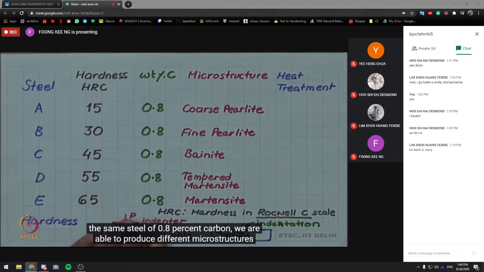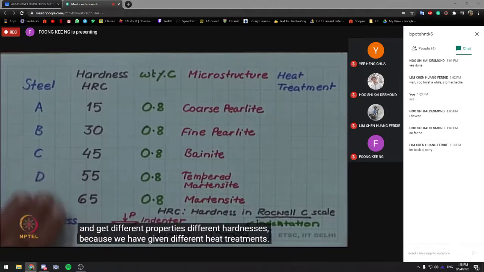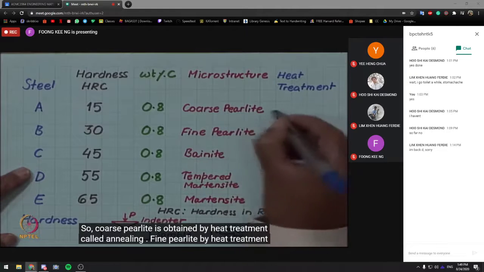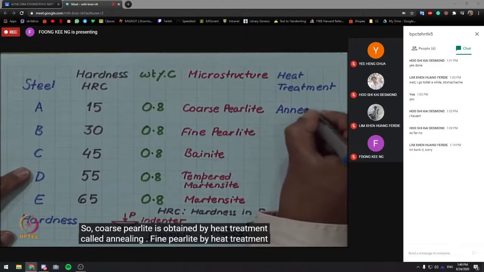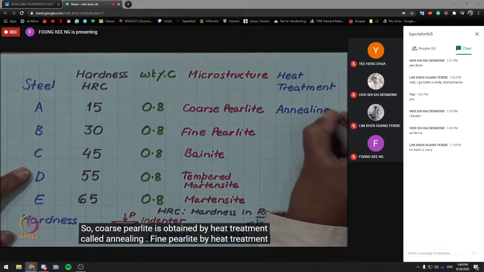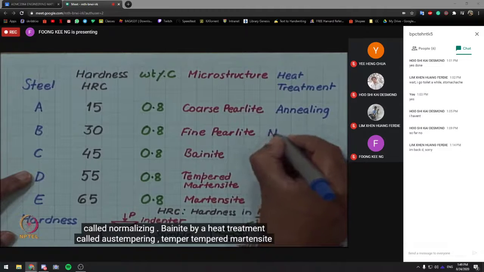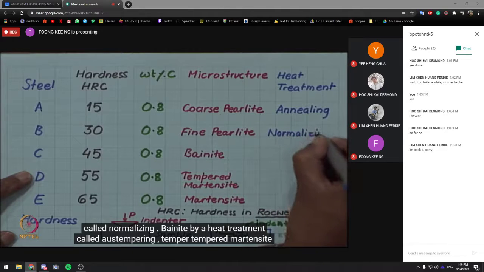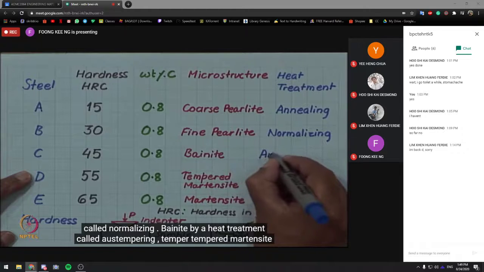So in the same steel of 0.8% carbon, we are able to produce different microstructures and get different properties, different hardnesses, because we have given different heat treatments. So coarse perlite is obtained by a heat treatment called annealing. Fine perlite by a heat treatment called normalizing. Bainite by a heat treatment called austempering.